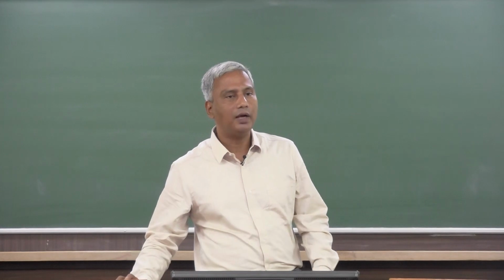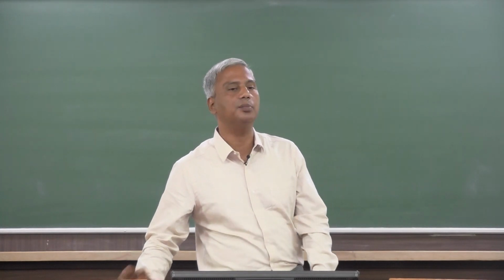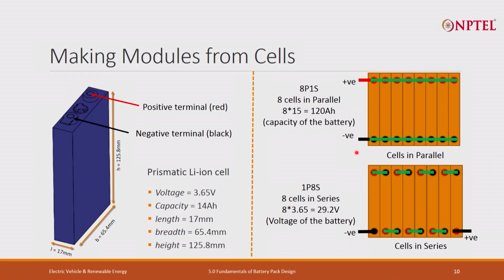So, if I want to make a 120 Ah battery pack, let us consider instead of 14 Ah, 15 Ah cells here. If I have to make a pack of 120 ampere hour, what do I have to do?